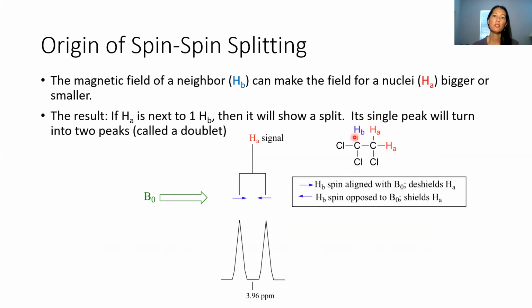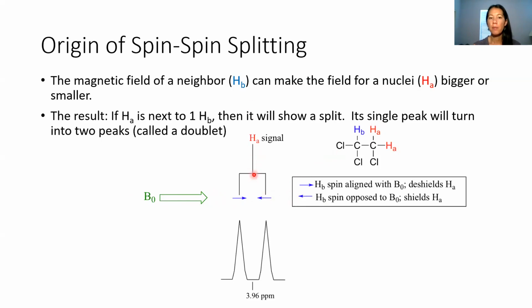So the origin of these splittings is because HB itself has a magnetic field, and it can make a field for this nucleus here, the HA that we're talking about, making it bigger or smaller. So what that means is there is a spin of HB that can be aligned with the applied magnetic field when we do the NMR spectroscopy, or it can be aligned against it.